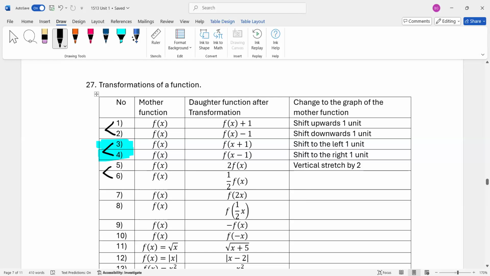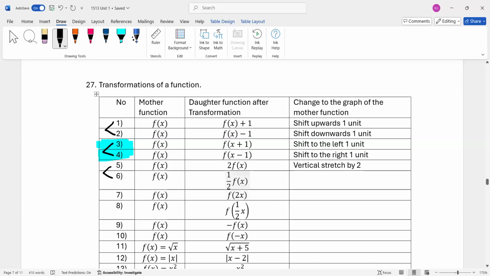Is that understandable, guys? When you multiply the y by 2, y is vertical, right? The y-axis is the vertical scale. So for the same input, all the outputs are twice bigger. So the graph will be vertically stretched by factor 2.